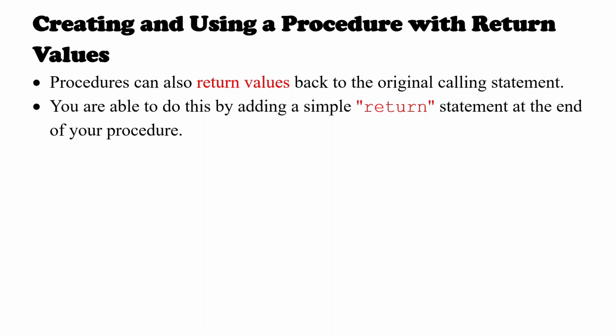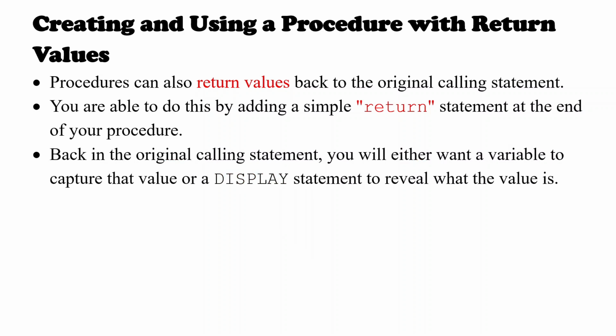But you are able to do this by simply adding a return statement at the end of our procedure. And what that does is it returns a value, whether that's a number or a string of some kind, back to the original calling statement. And you'll want to have either a variable to capture that value that's returned, right? Or a display statement to reveal what it is.